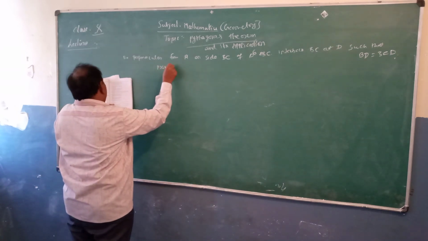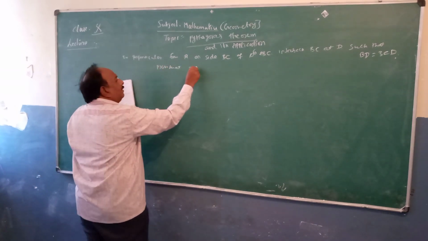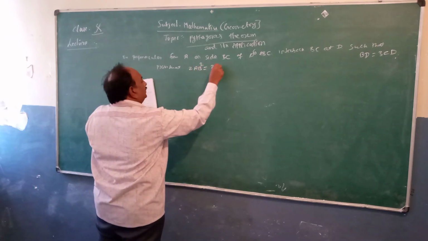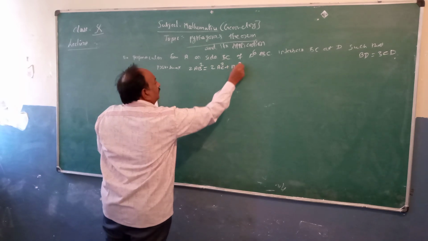Prove that 2AB square is equal to 2 into 2AC square plus AC square.